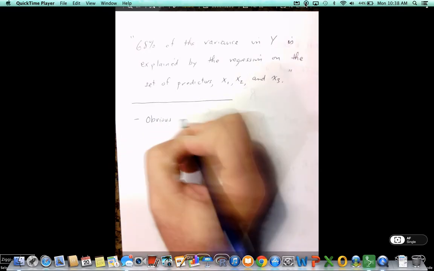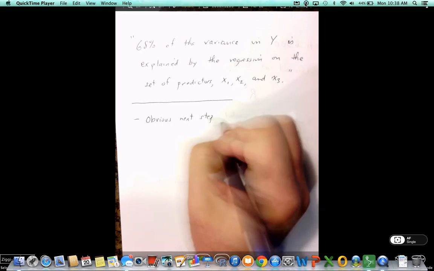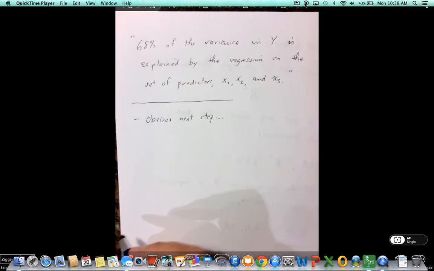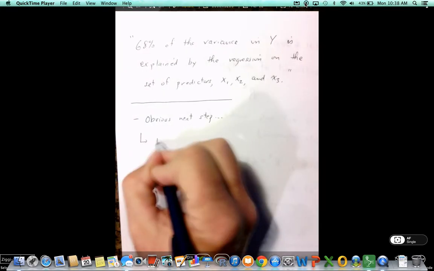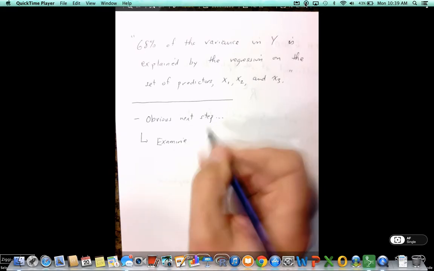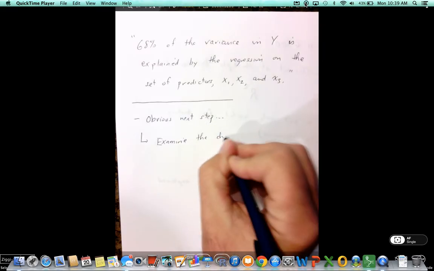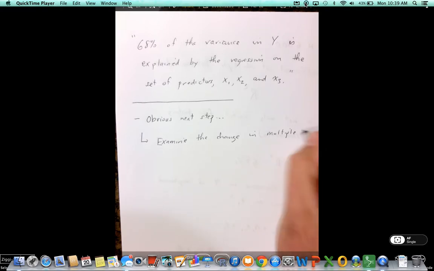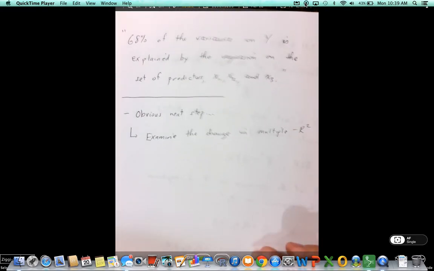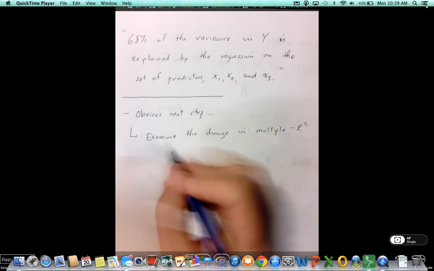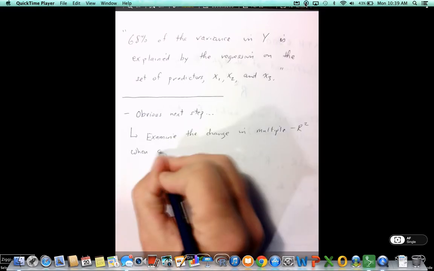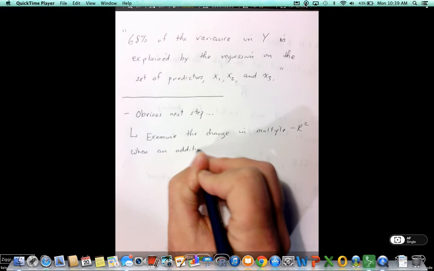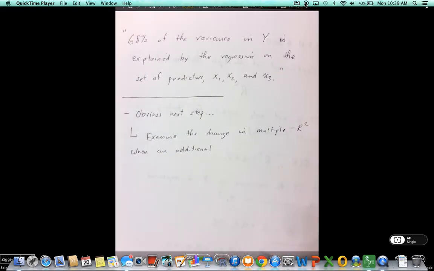So I think this is an obvious next step, and that would be to examine the change in the multiple R squared when additional variables are added, but we're going to focus on the simplest case here, just when we add one coefficient.